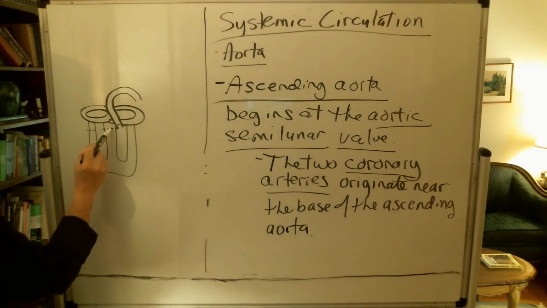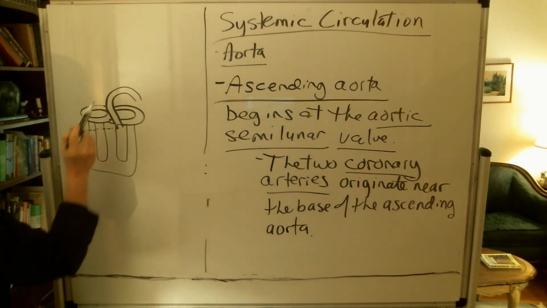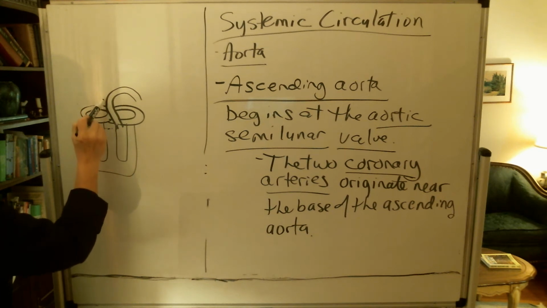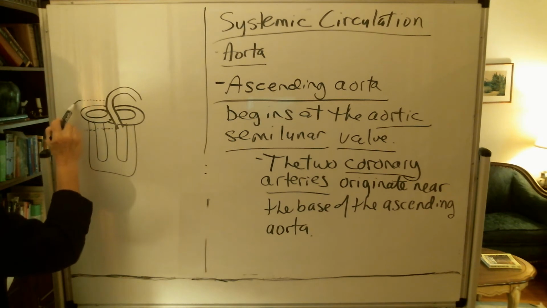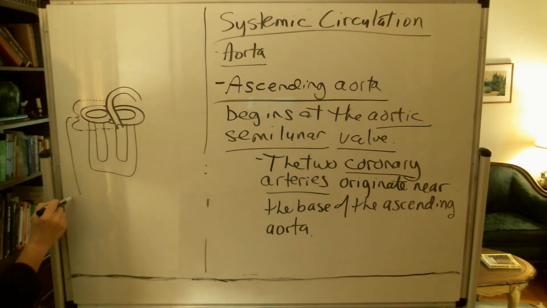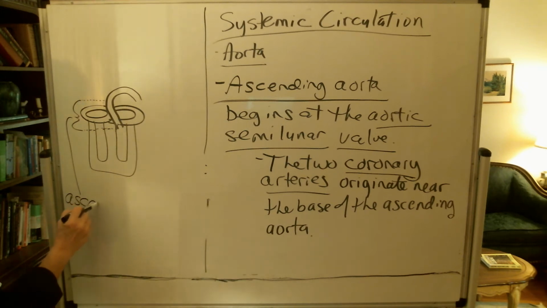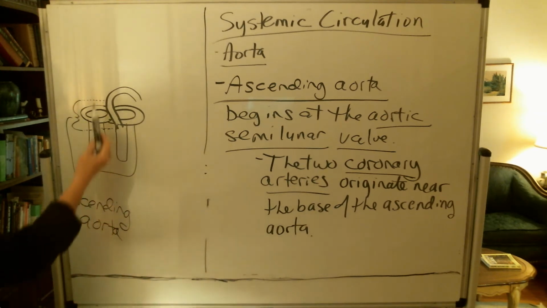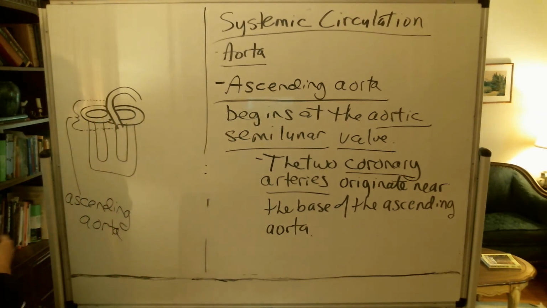So from roughly here to here, this area in here then, that is the ascending aorta. The blood is going up, basically.